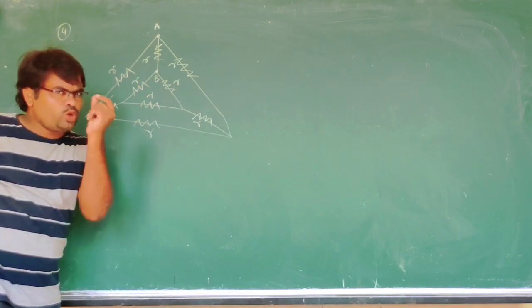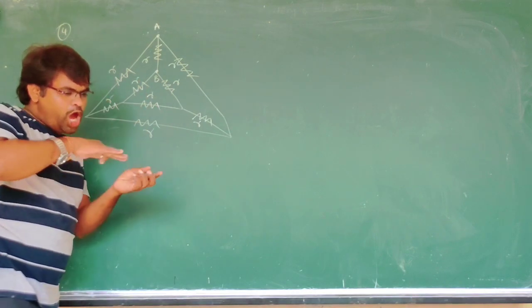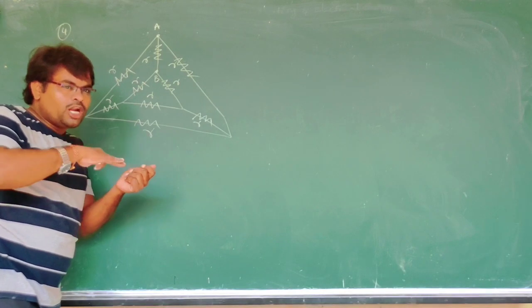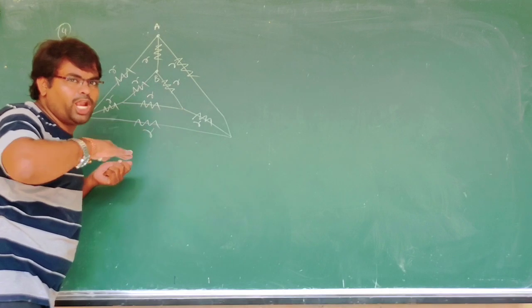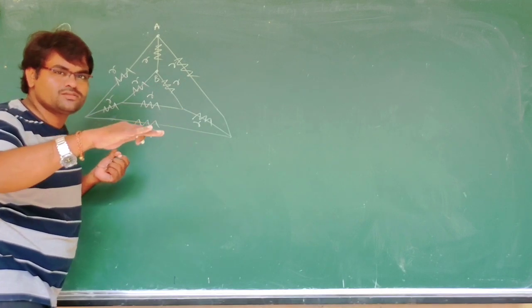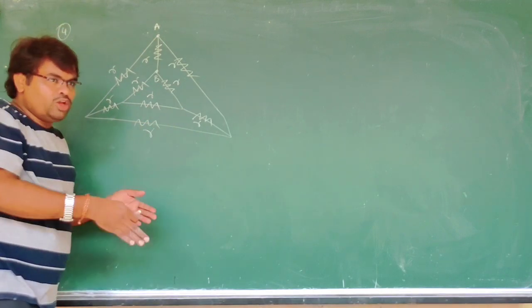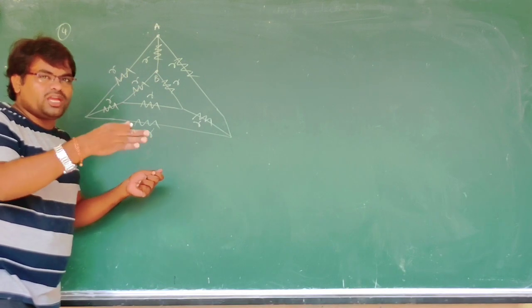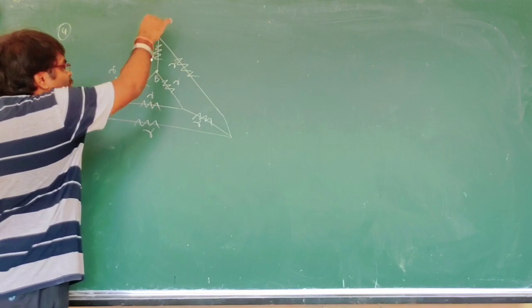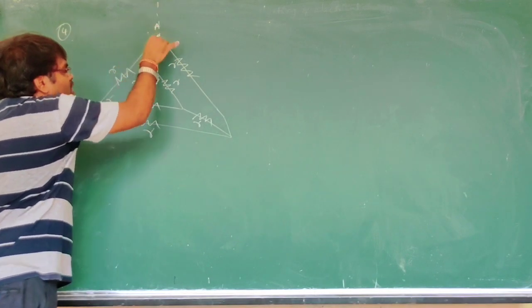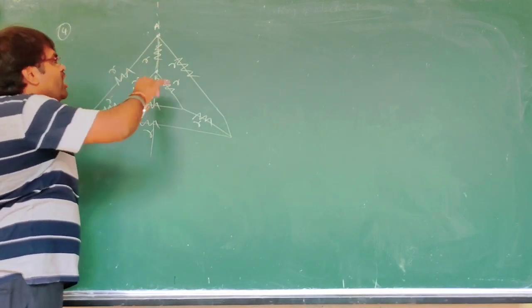What is mirror? Along the terminals, along the line AB, parallel to AB is folding. Perpendicular to AB, a line perpendicular to AB, is mirror. Now we are assuming along AB.